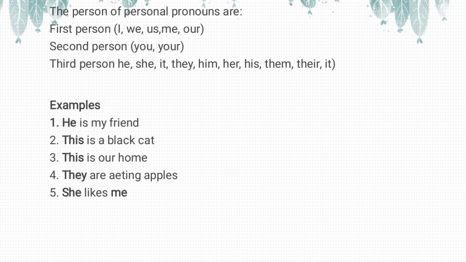Let's move on to the fourth one. They are eating apples. They here is in the third person, representing some people whose names were not mentioned in the sentence, so those people's names have been replaced by they.